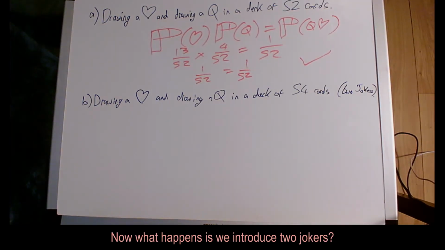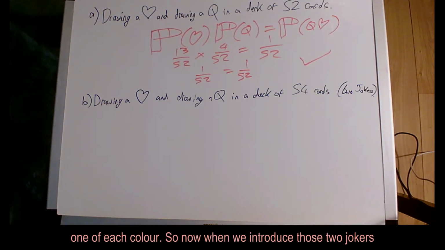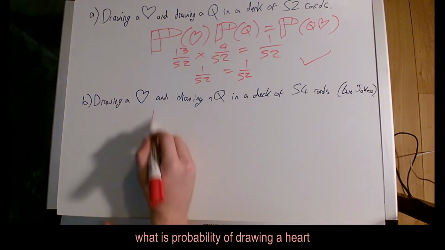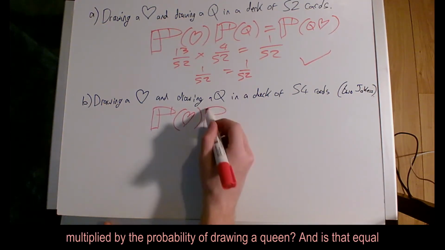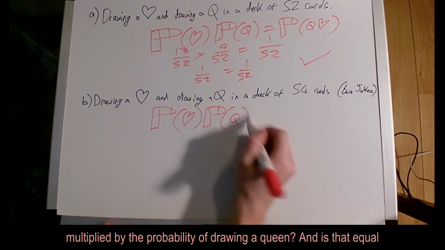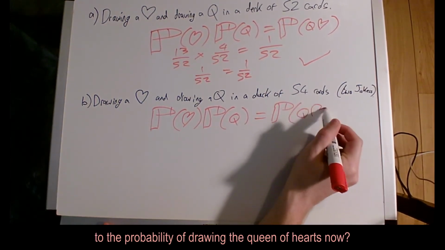Now what happens if we introduce two jokers? So we traditionally introduce a black joker and a red joker, one of each colour. So now when we introduce those two jokers, what is the probability of drawing a heart multiplied by the probability of drawing a queen, and is that equal to the probability of drawing the Queen of Hearts now?